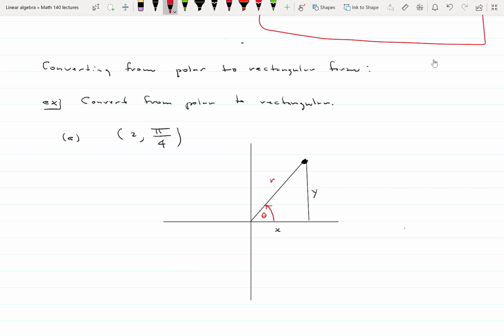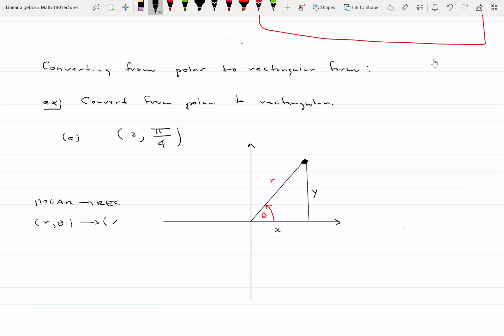I'd like a few relationships. I'd like a set of equations that'll allow me to transform or to convert from one system to another. I want to go from polar to rectangular. So if I want to go from polar to rectangular, that means I'm given an r and a theta.